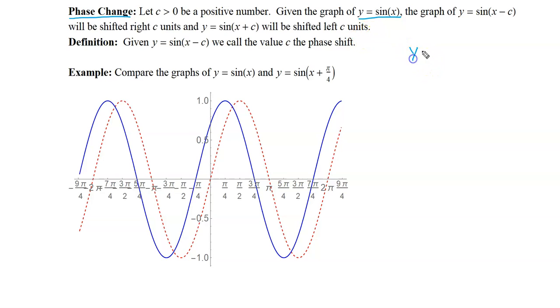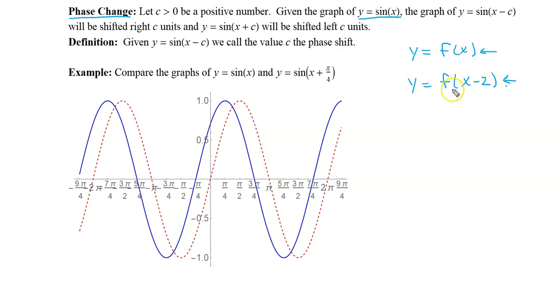Remember, if you're given the graph of a function like y equals f of x, and you consider the graph of y equals f of x minus 2, this function will be shifted right by 2 units, comparing it to the graph of this one.